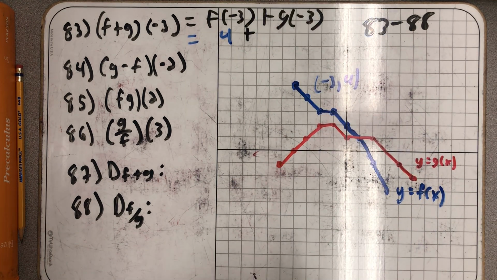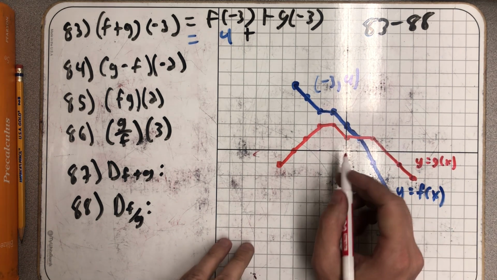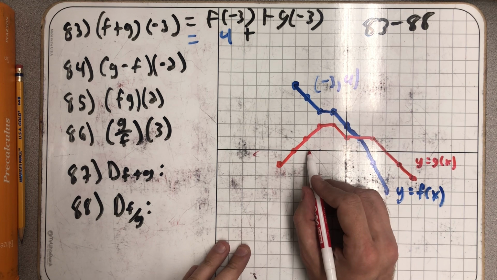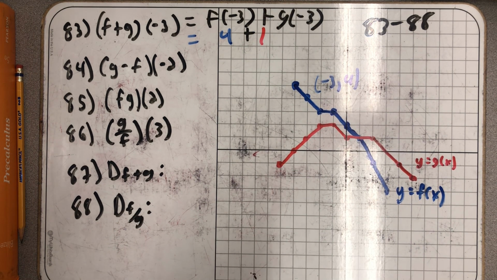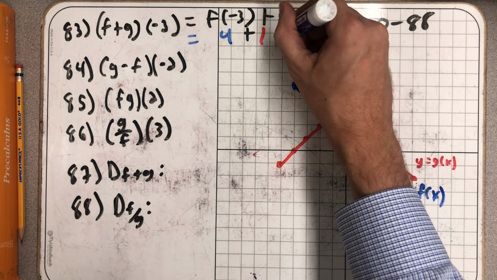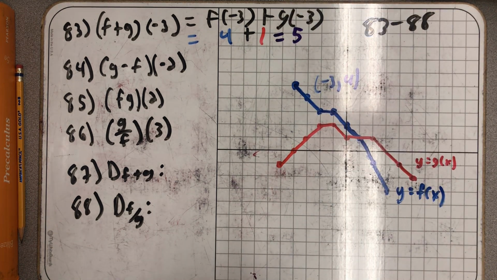G of minus 3. Well, I go over to minus 3 and I see where the y-coordinate is on that red function. So I go over to 1, 2, 3, and I get out a 1. 4 plus 1 is 5. And that's all we're doing on these problems, using these graphs to find points and then doing the arithmetic operation.